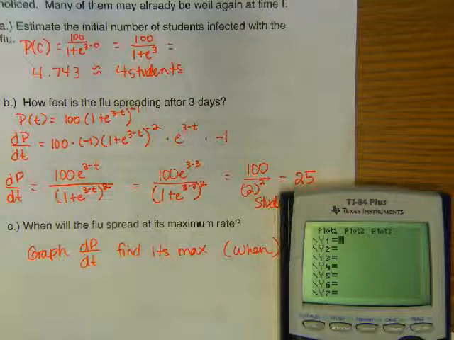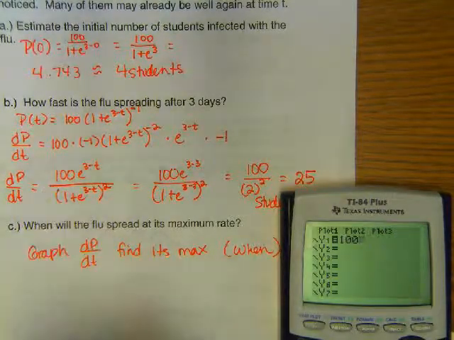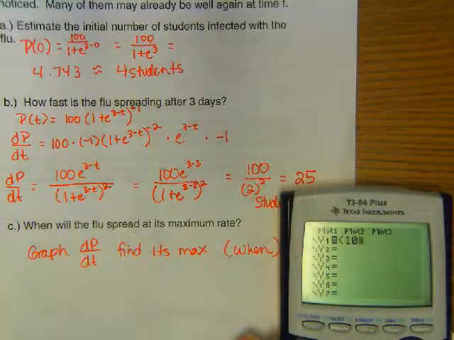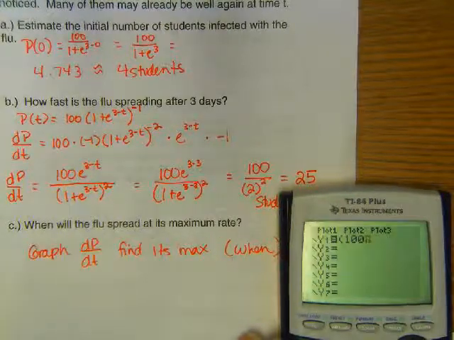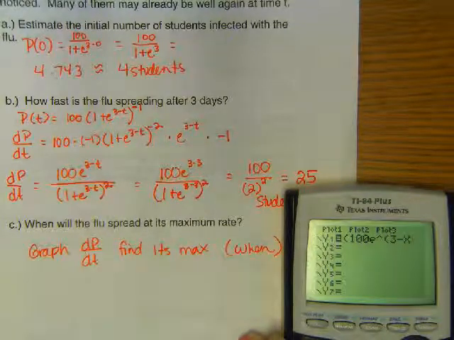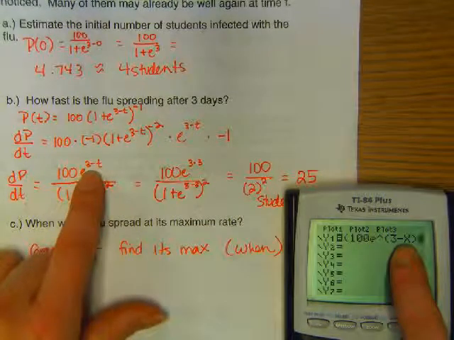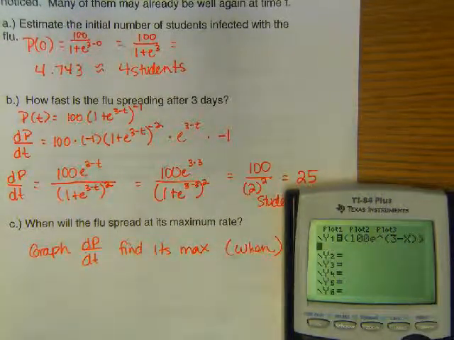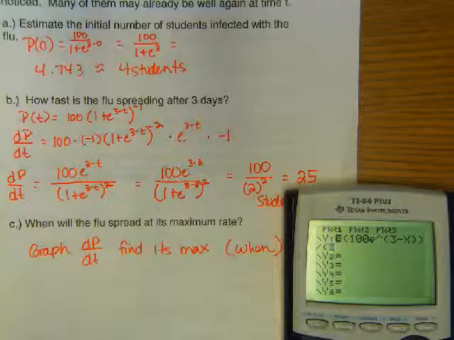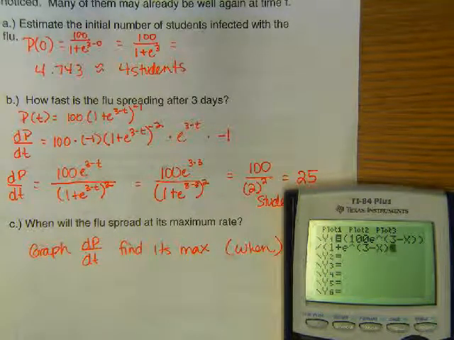All right, here we go. I'm graphing this right now. Oops, I've got to use some parentheses. 100, practice this, guys, because if I ask this on a test, people often screw up the parentheses. So e to the 3 minus x, and that is just standing in for the 3 minus t right there. So I need another parenthesis, divided by 1 plus e to the 3 minus x, close the parentheses, squared.